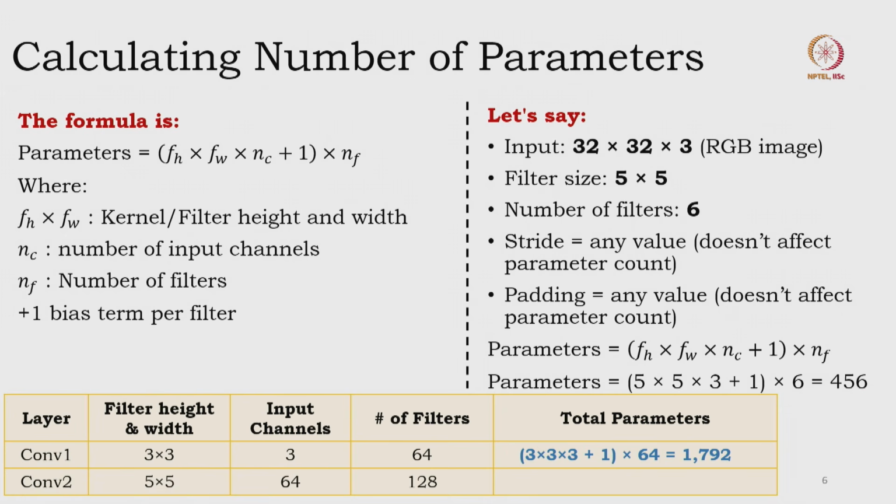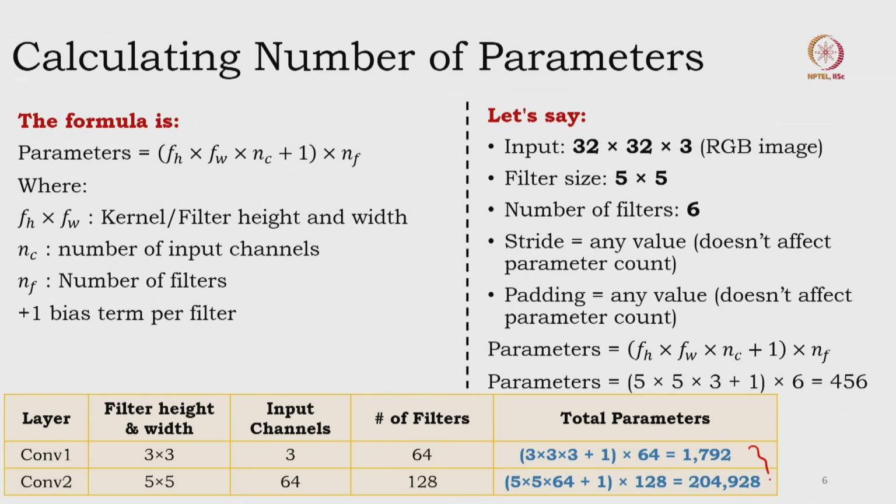Right. In a similar way, for the next convolution, the filter size is 5 cross 5, the input channel count is 64, plus 1, and the number of such kernels that we have considered is 128. So when you calculate, we are going to get this.